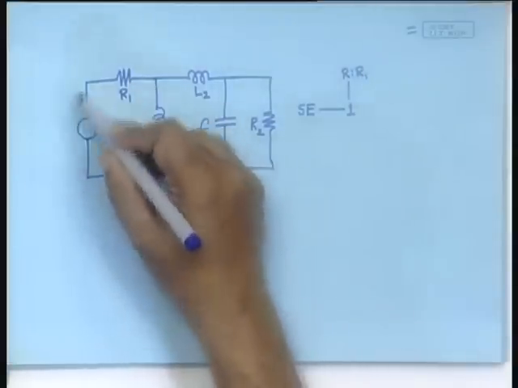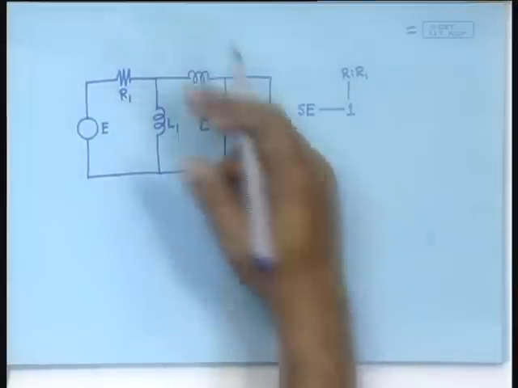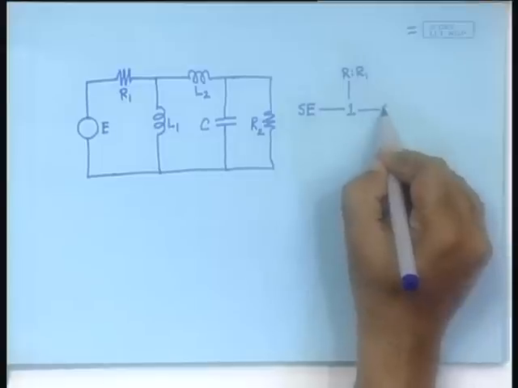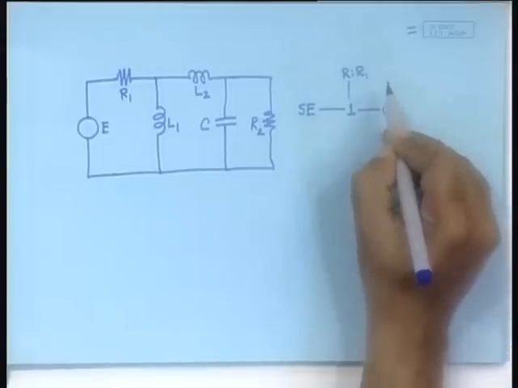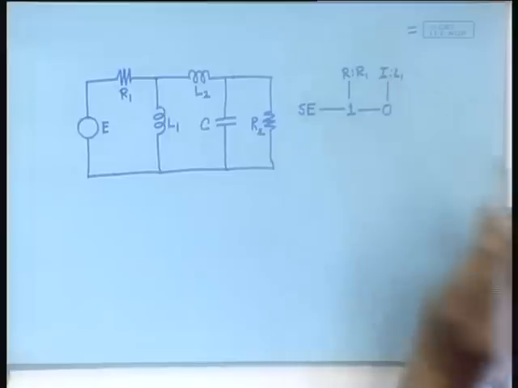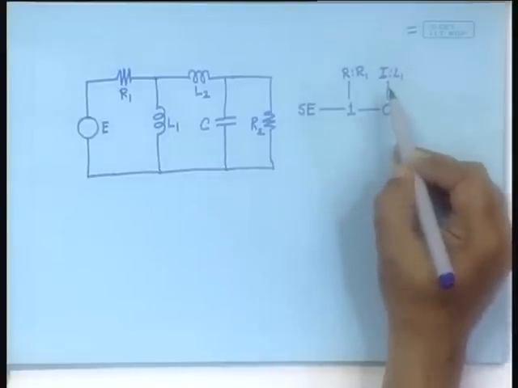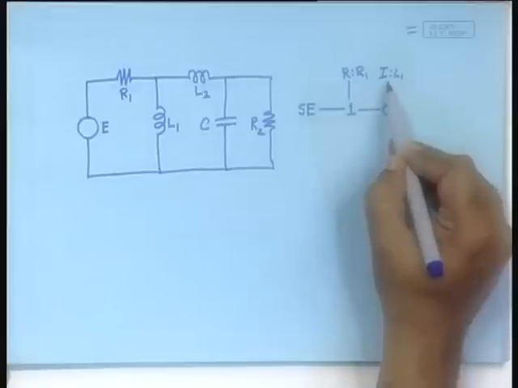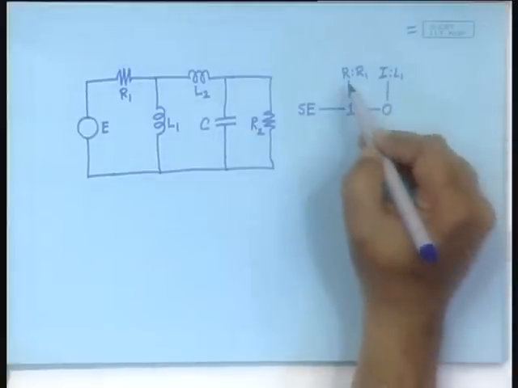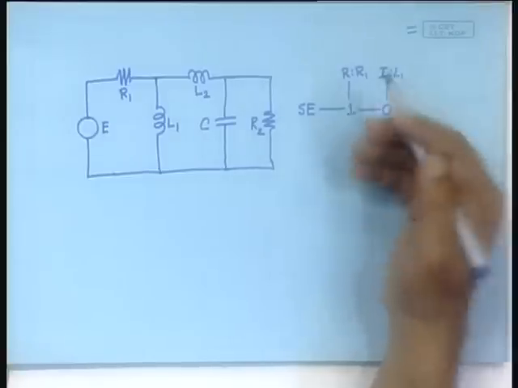Then this combination shares the same effort with the L1, right. So, it will be connected to a 0 junction with I, which is L1. It is the inertial element which is designated as I. Notice that I am not directly writing L1 here. There is a generic representation of a resistive element as R, inertial element as I. So, we are writing that way.